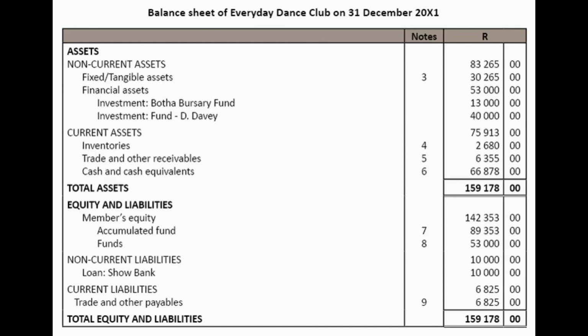And then our financial assets, the two investments, the Botha Bursary Fund and the Davy investment. The one is 13,000 and the other one 40,000. If we add that, we get our financial assets, 53,000. Then if we add the financial assets to the tangible or fixed assets, we get 83,265 for our non-current assets.